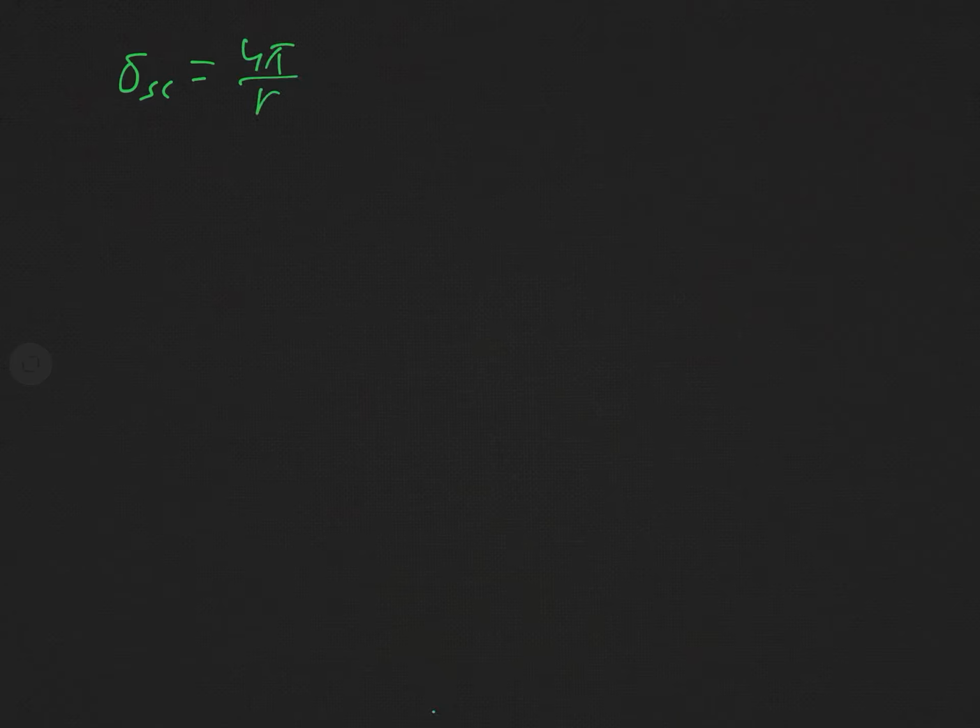This sigma SC will be equal to 4 pi by k square into 1 over 1 plus cot square delta naught, which can be written as 1 over tan square delta naught.